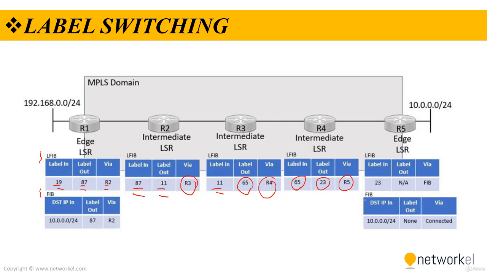When the packet comes to router 5, it examines the LFIB and notices that there is no outgoing label in here, which means it is the end of the LSP and therefore the label must be removed and normal routing has to occur with the IP routing table, which is the FIB.